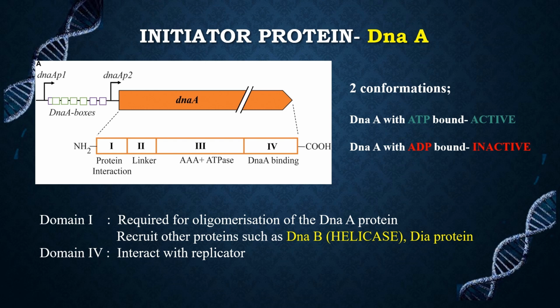Domain 2 is basically a linker domain, and domain 3 contains a locomotive site where ATP can bind and has ATPase activity. Domain 4 has the ability to interact with the replicator. So this DnaA protein has two conformations. With bound ATP they are active, and with bound ADP they are inactive.